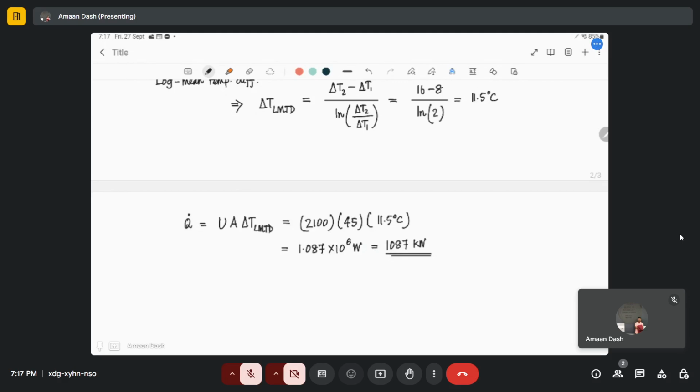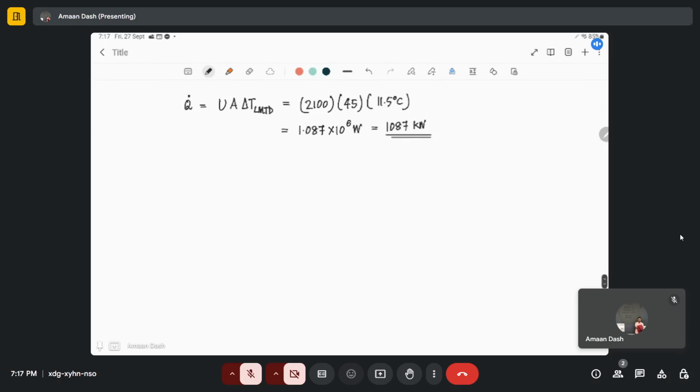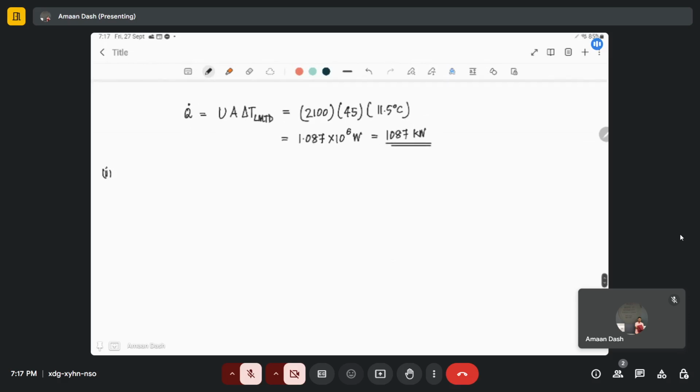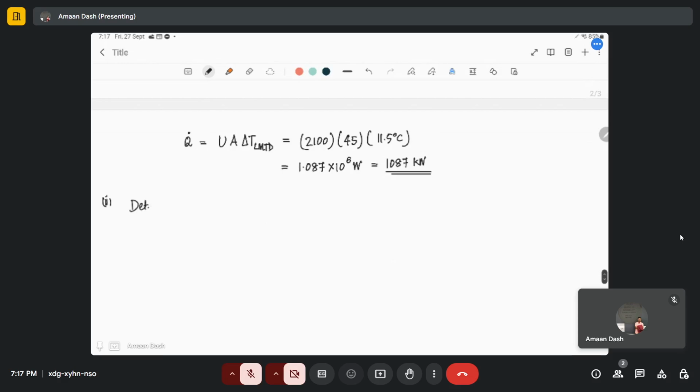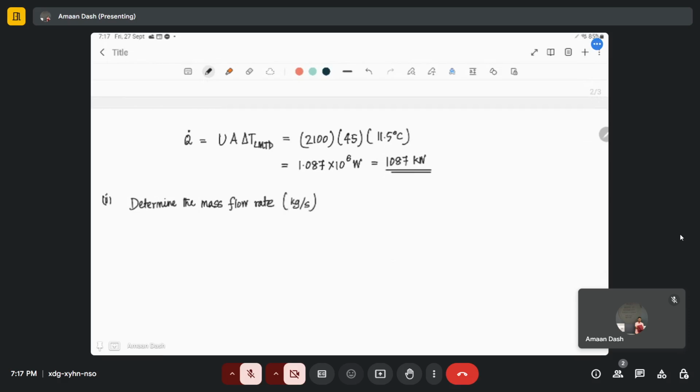Okay. Now let's see the second bit of the question, that is, determine the mass flow rate of the cooling water, in kg per second.